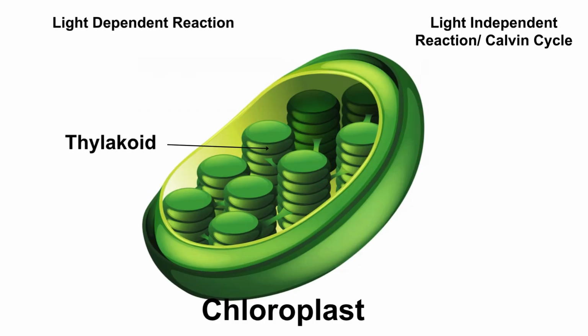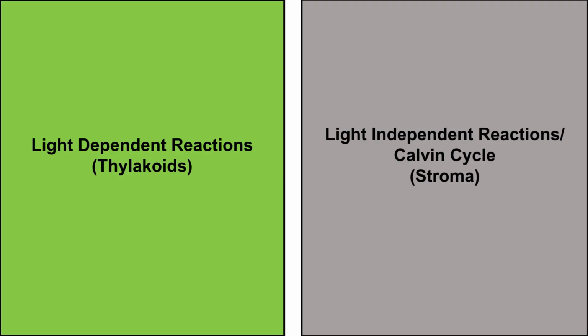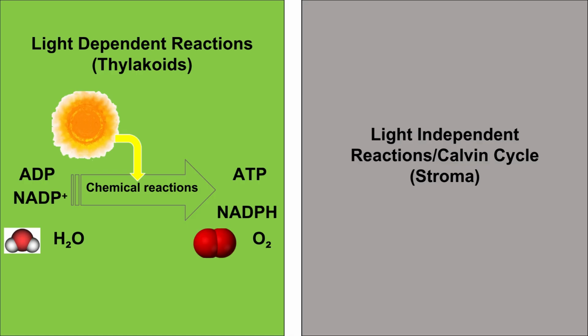The thylakoid membranes house the light reactions, while the Calvin cycle occurs in the surrounding stroma. Let's quickly recap the light reactions. Light energy drives the formation of ATP and NADPH. Water molecules are split during this process, releasing oxygen into the atmosphere.